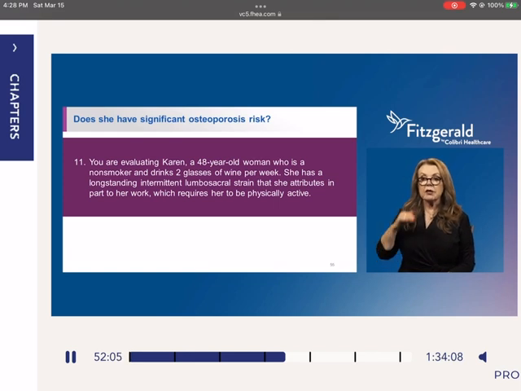Physically active work equals less osteoporosis risk. She's a non-smoker. Tobacco use is a very potent osteoporosis risk, and high alcohol consumption is also a potent osteoporosis risk. She has neither one of those. I'm therefore looking at her as a woman who does not have a particularly high osteoporosis risk.